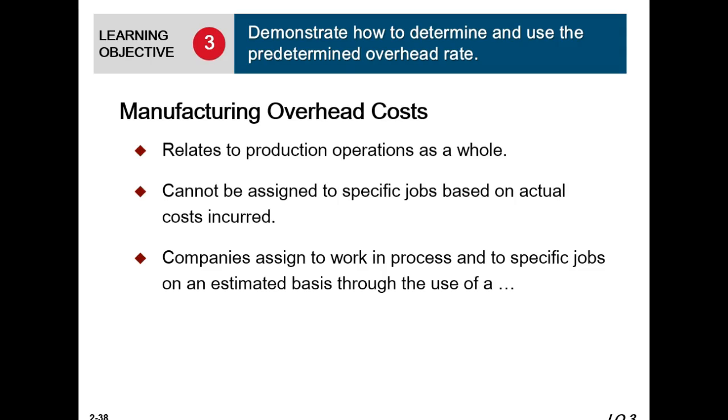Manufacturing overhead costs relate to production operations as a whole. We know we can't assign them to specific jobs because they're too minuscule. So because we can't assign them to specific jobs, companies have a way they calculate by estimating how much of this manufacturing overhead needs to be applied to specific jobs.